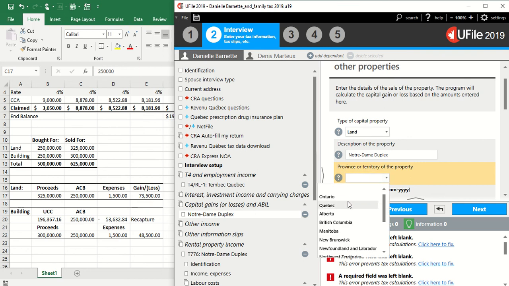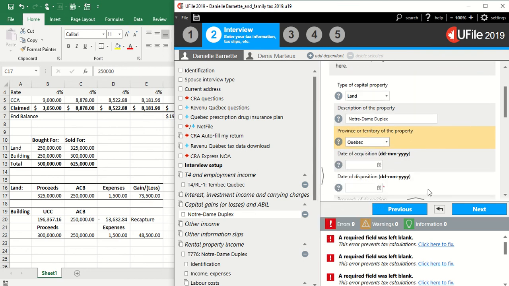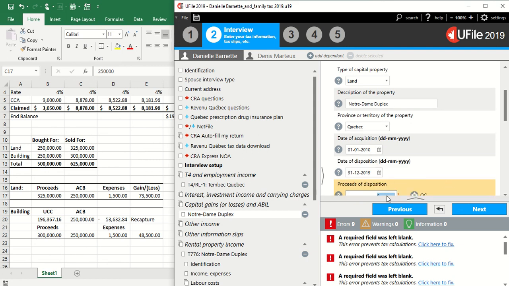This is very important if you dispose of a property as a non-resident. Here I don't remember the exact date, so I'll put 01/01/2010 and date of disposition 31st of December 2019. Oh, that's good.